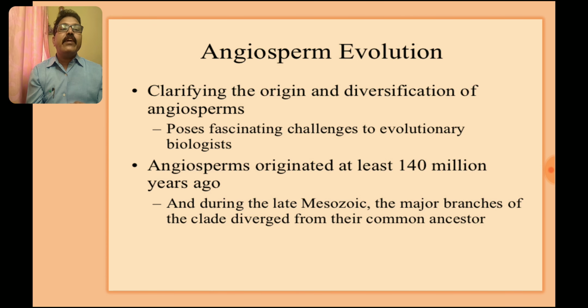Angiosperms originated at least 140 million years ago, during the late Mesozoic, and the major branches of the clade diverged from their common ancestor.